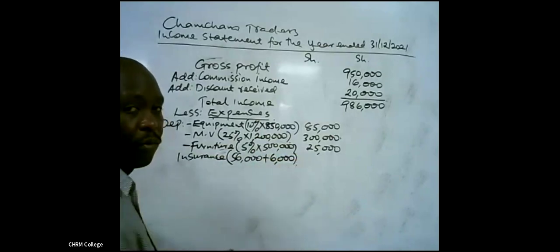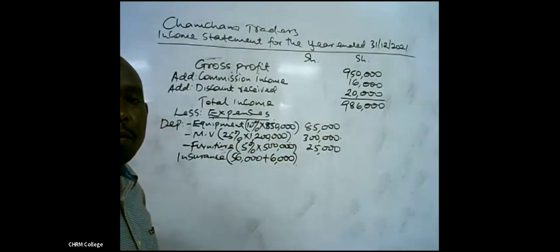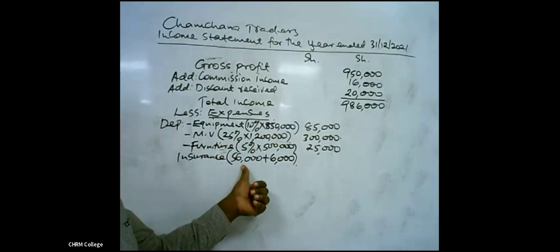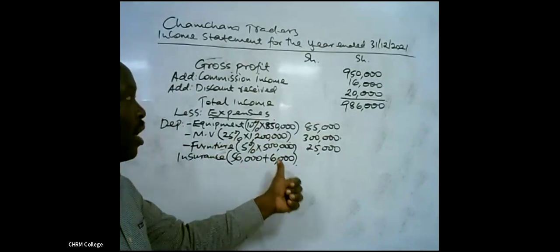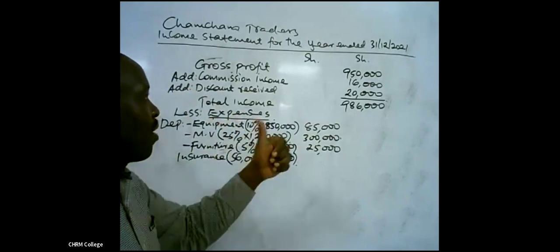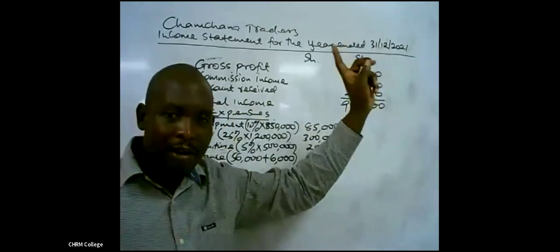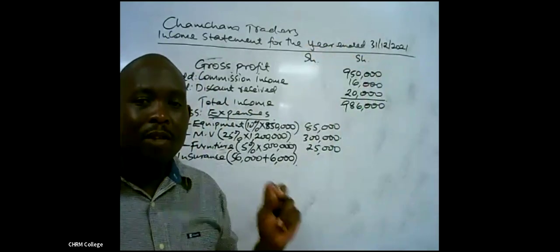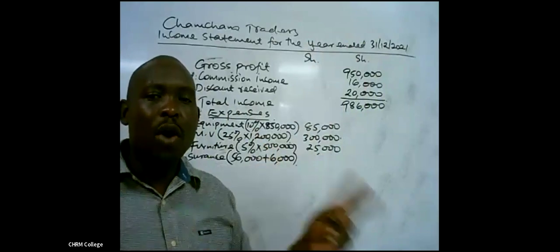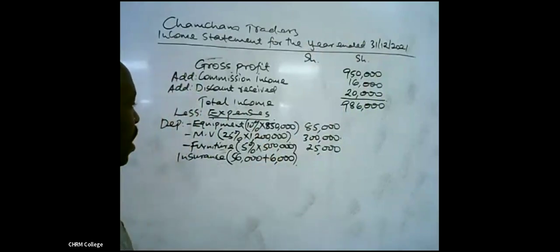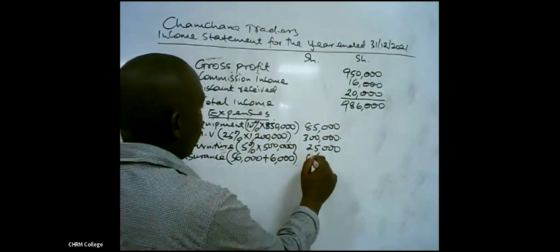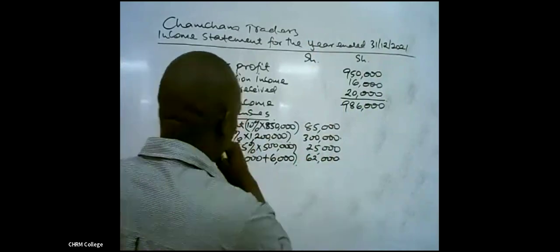It is due. So how much insurance were we supposed to pay? It is what we paid plus what we have not paid. It will give us the total insurance expense for that year that ended on 31st of December 2021. When it is outstanding, accrued, due, you add what was paid. So we were supposed to pay 62,000.